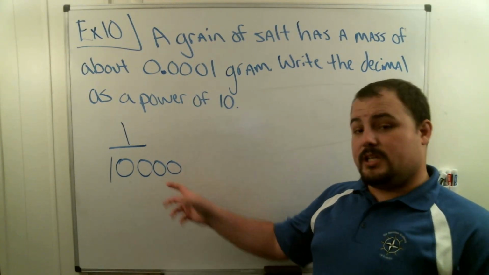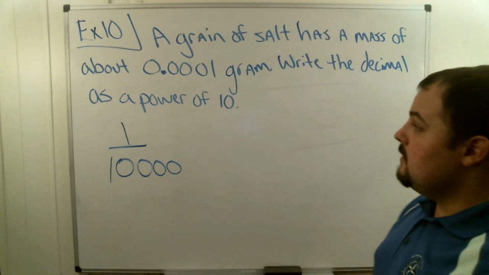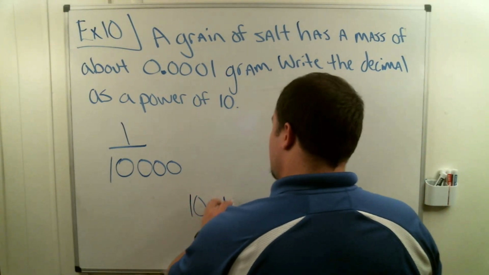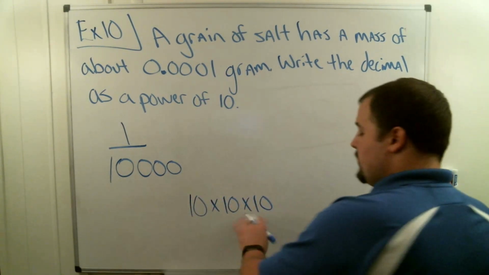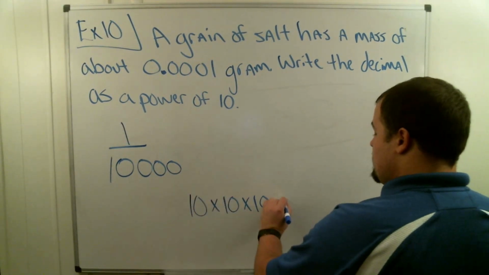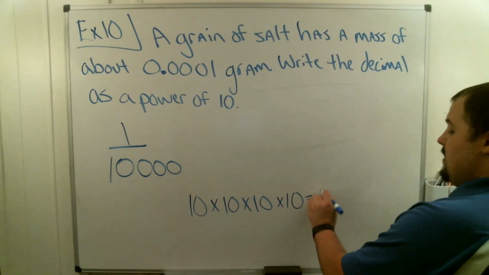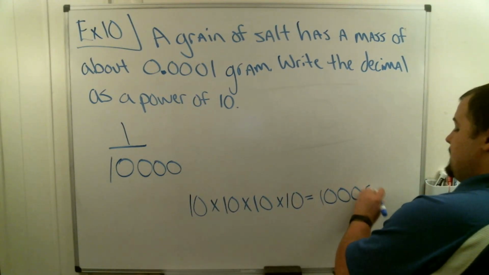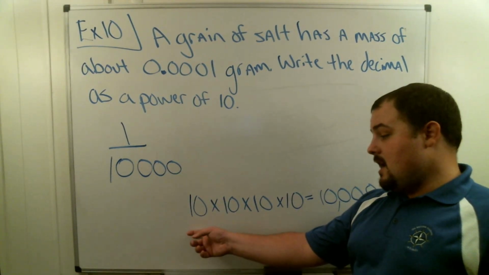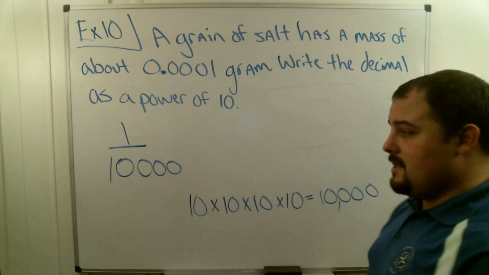Our job is to change this to some type of exponent that has a power of 10. So we're going to say, well, 10 times 10 times 10, we know this is 1,000, and 1,000 has 3 zeros. Well, this has one more, so we'd multiply by 10 again. 10 times 10 times 10 times 10. Well, that's 10,000. So what that means is 10 to the fourth power would equal 10,000, which is the number that we have on bottom.